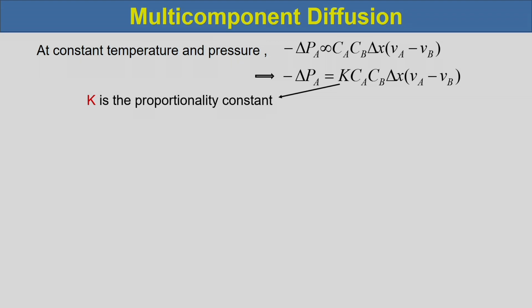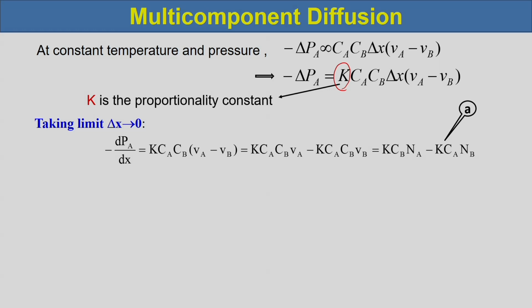Here k is the proportionality constant. Now, taking the limit delta x tends to 0, we can write minus dPa/dx equal to k Ca Cb (Va minus Vb).